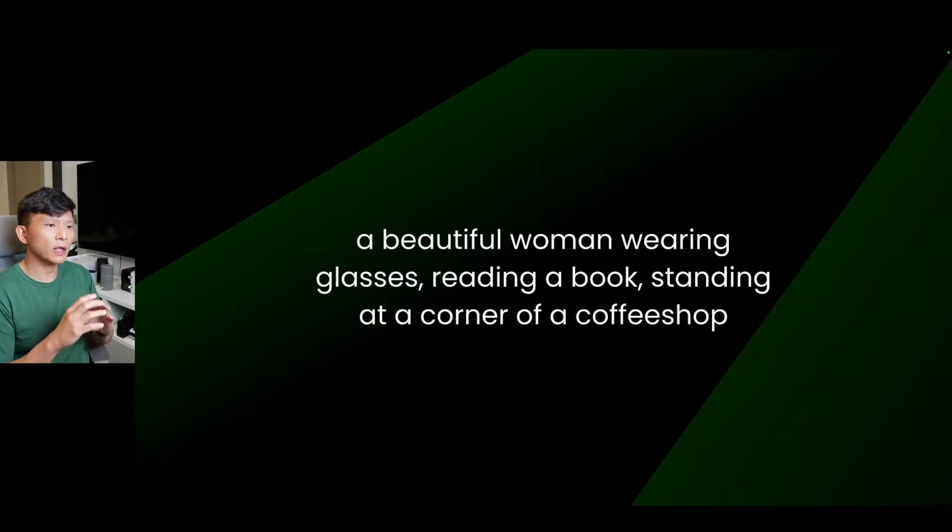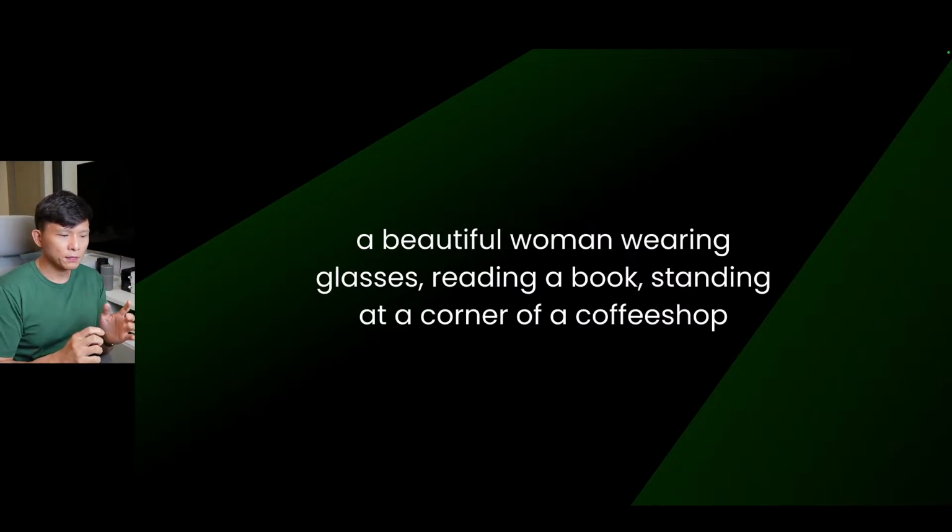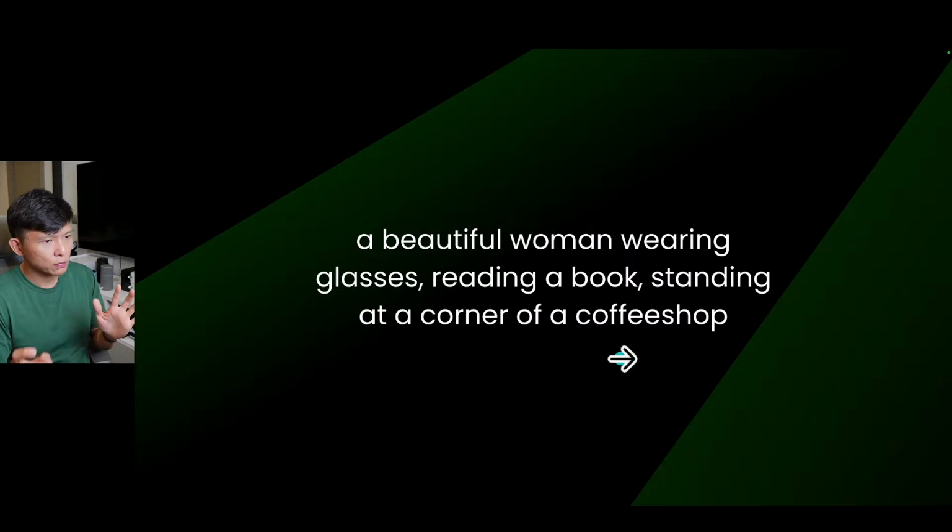So I give you this prompt: a beautiful woman wearing glasses, reading a book, standing at a corner of a coffee shop. There should be a space at a coffee shop, but whatever. So how does it compare between using image generation models from, let's say, GPT-4 or probably powered by DALL-E 3 or whatsoever, and Stable Diffusion 2.1, where we can use it via AUTOMATIC1111, and Stable Diffusion 3 Medium that we are using via ComfyUI?